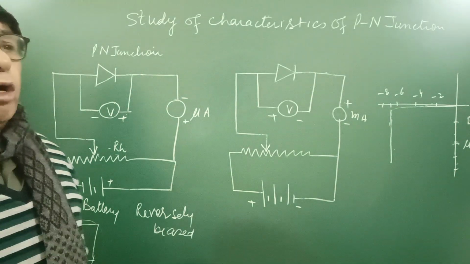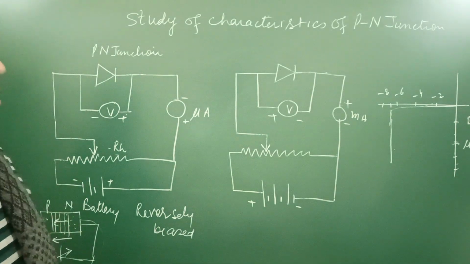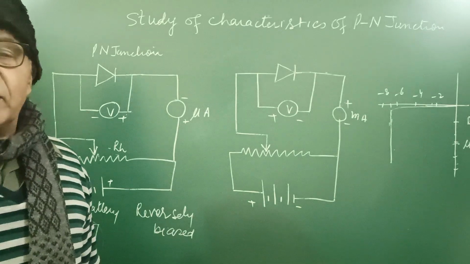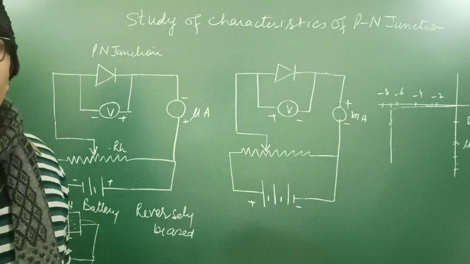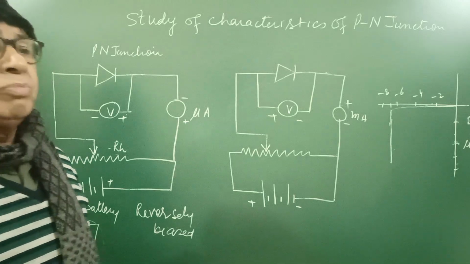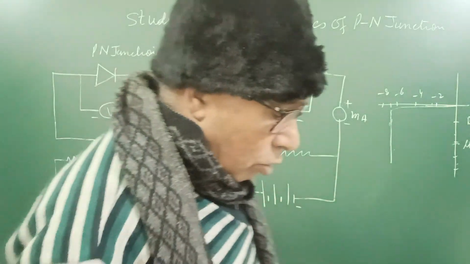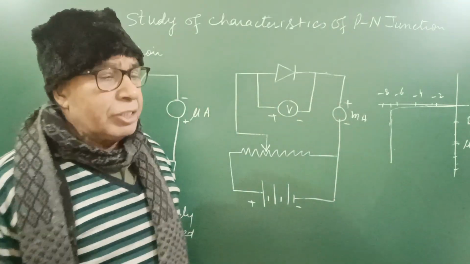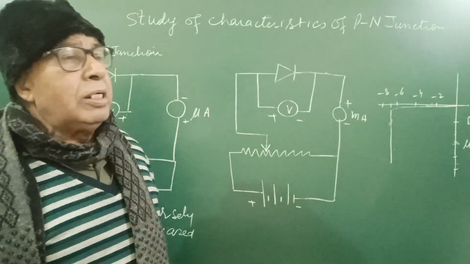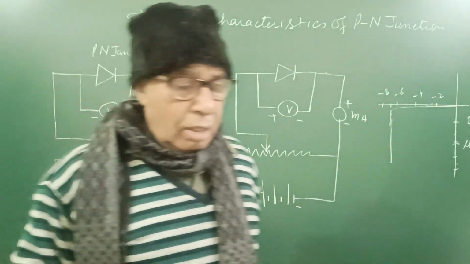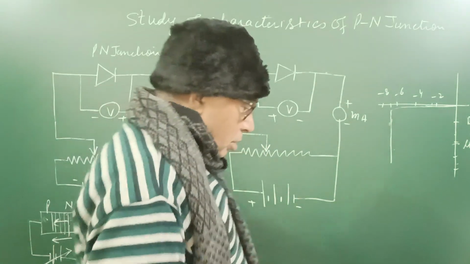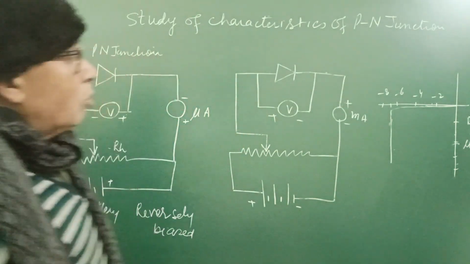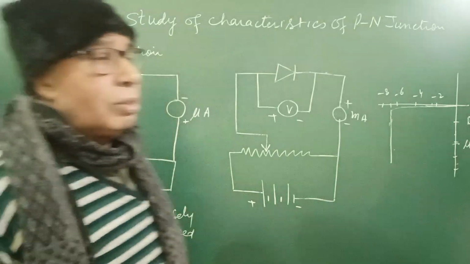This property of diode is used in electric circuits as voltage stabilizer. You see in your houses, stabilizers are there connected with the AC and some other appliances like computer, because they can't tolerate the fluctuation.